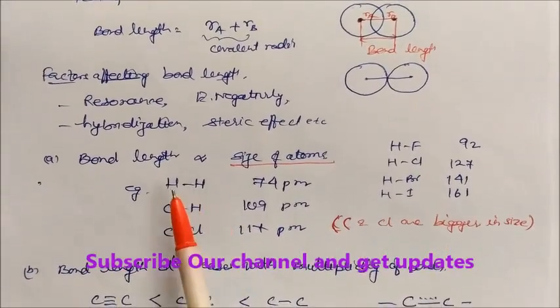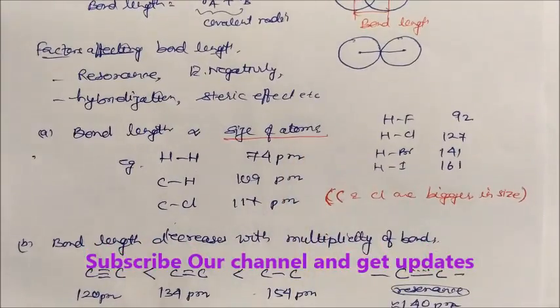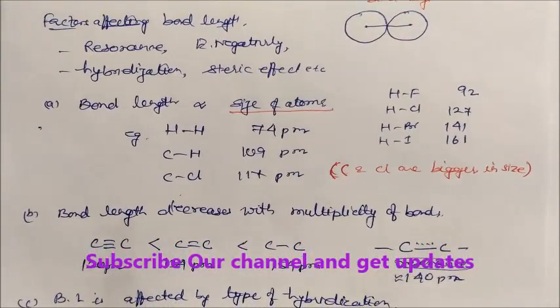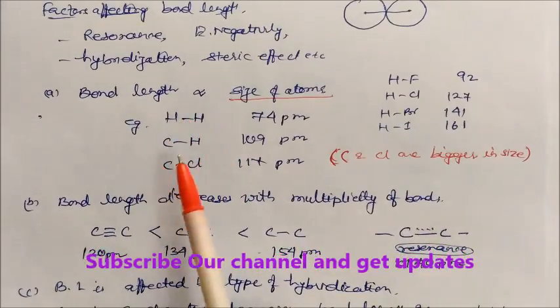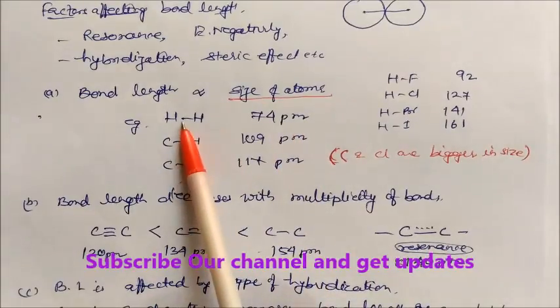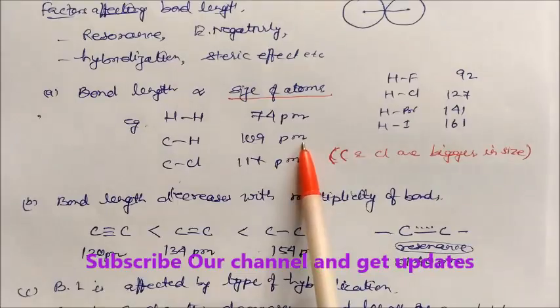Let us take one example. Bond length is proportional to the size of the atom. How does the bond length change as the size of the atoms increases or decreases? Let us take hydrogen combining with hydrogen: 74 picometer. If the atom is larger in size, like carbon, the picometer value again increases.